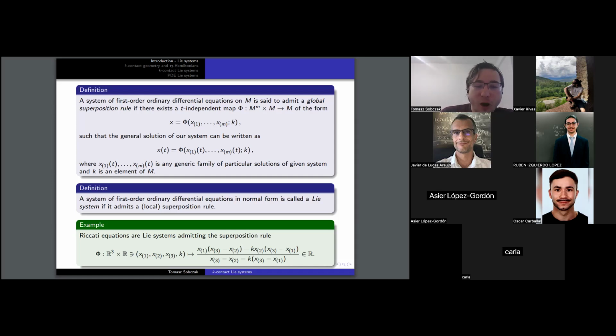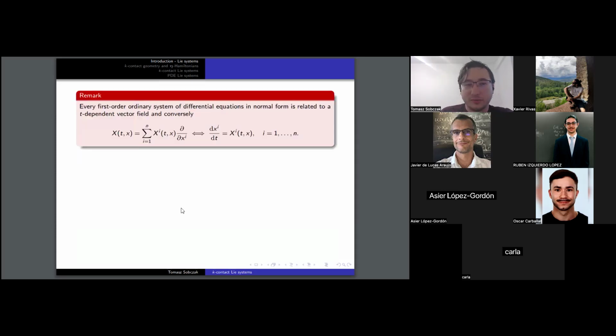And now one can ask, okay, so we know that we have some differential equations with superposition rules, and how can we identify them? Meaning, how can we find out if our system is a Lie system? To do so, I will make a remark about our systems: if we have a first order ordinary system of differential equations in normal form, we can relate it to a time-dependent vector field in such a manner.